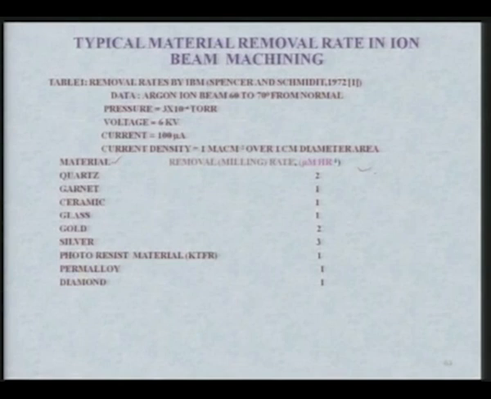That means, you can remove a layer of 2 micron in 1 hour from the quartz. The maximum amount of material can be removed from the silver, that is 3 micron per hour, and in other cases it is just 1 micron per hour. So, the amount of material you can remove is very small.